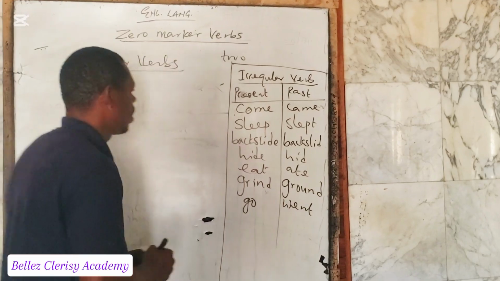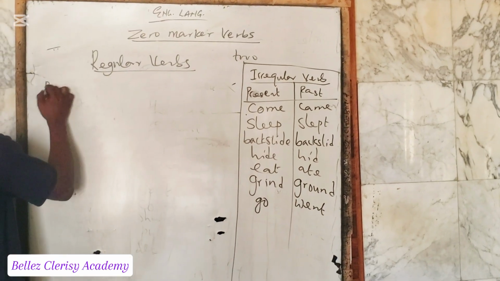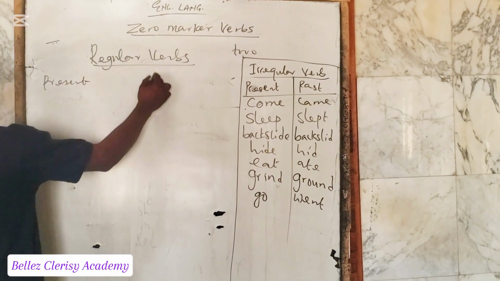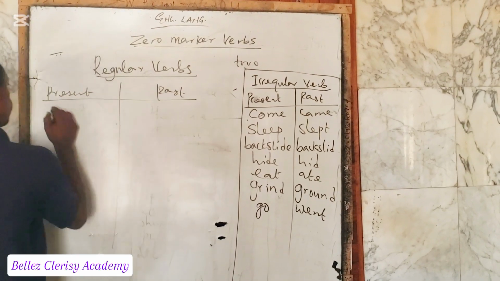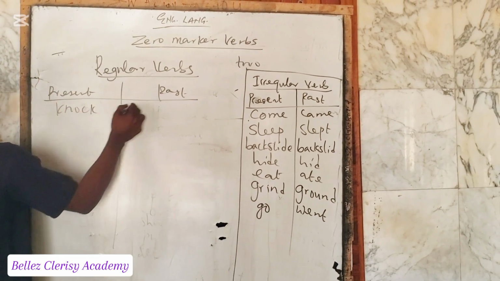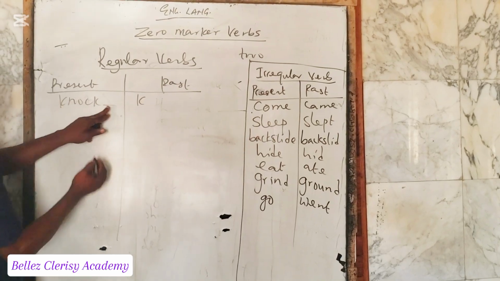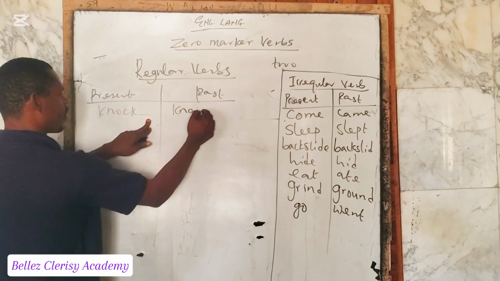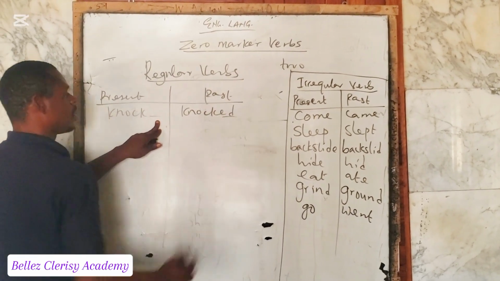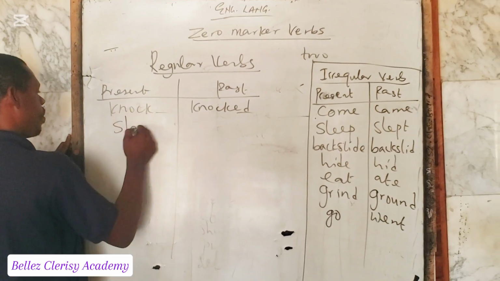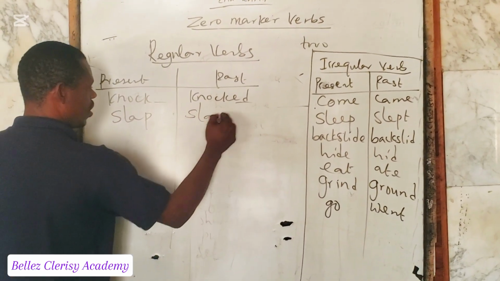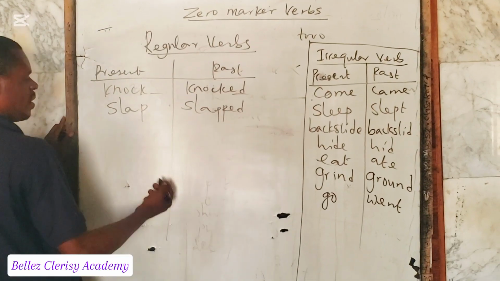Ed. For instance, we have present, we have past. Knock. Just add ed, it will give you past tense. So this makes it regular. Knocked. Slap, slapped. Just by adding ed.